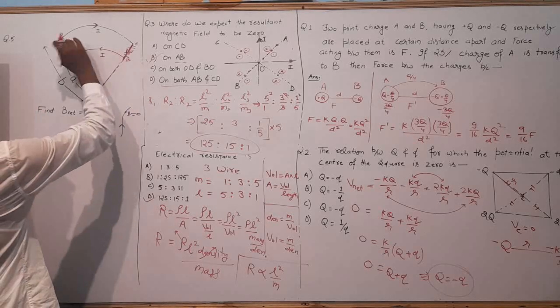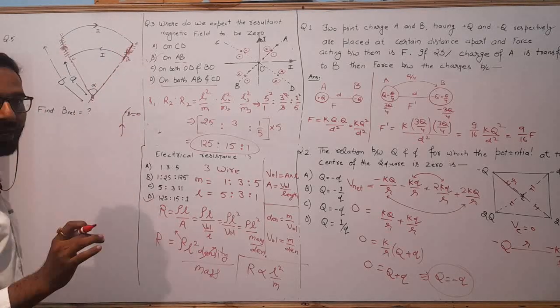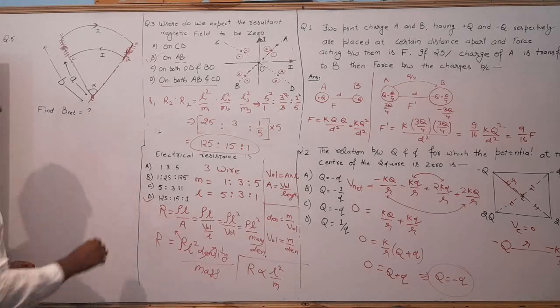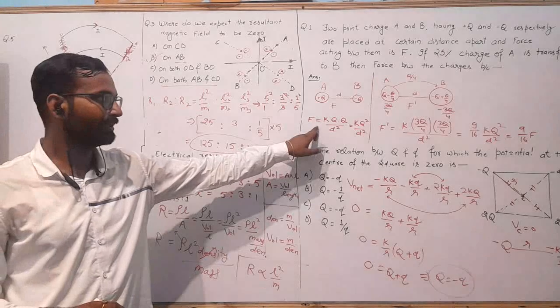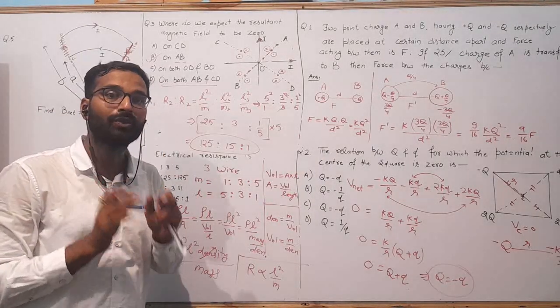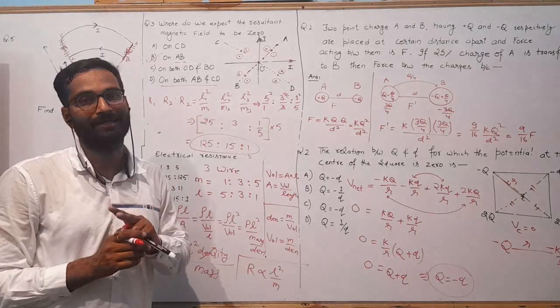But there are two arcs. These two arcs will also create magnetic fields. First of all, we should know the formula. B is a vector quantity, and B has two things: one is magnitude and the other is direction.